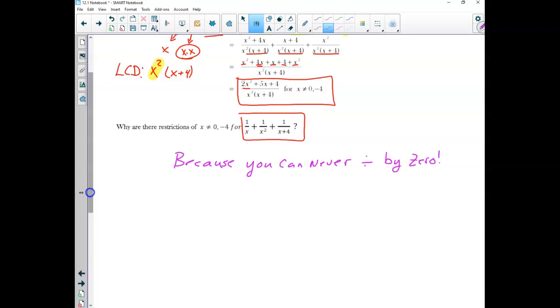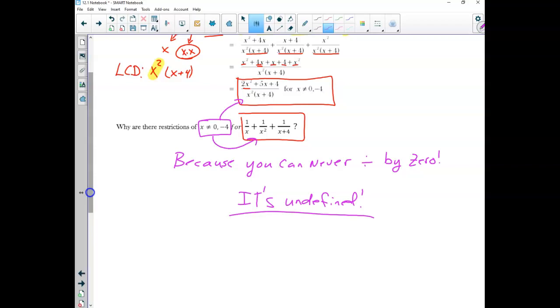Because when you divide by 0, it's undefined. Therefore, if it's undefined, we exclude those values of x from our domain. So these are my restrictions. X can never equal that here or here.